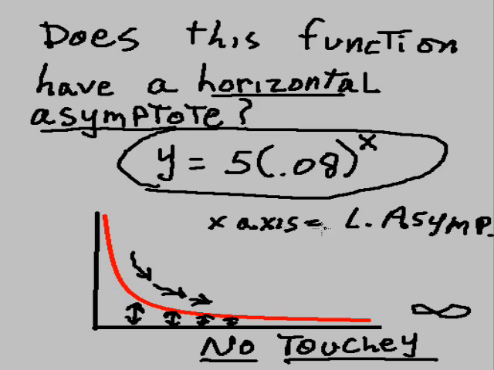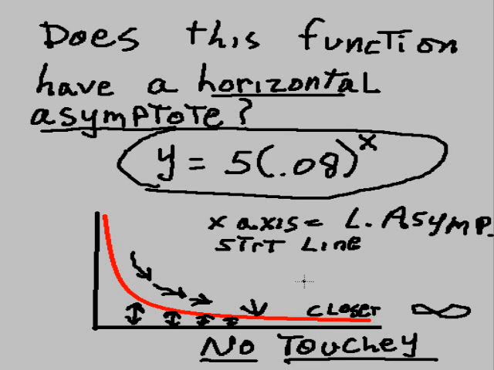That's an abbreviation. It's a linear asymptote, and that means it's a straight line to which a graph gets closer and closer and closer, but they never become the same.